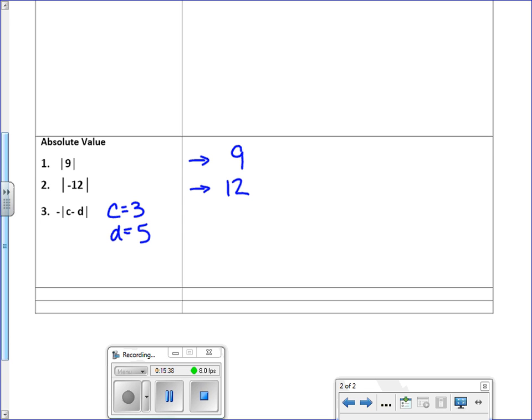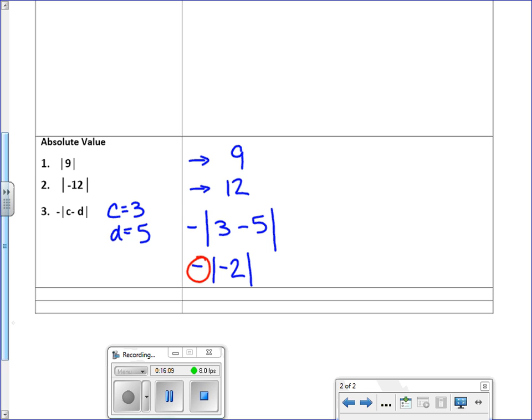So I would say the negative absolute value of 3 minus 5. Again, absolute value bars are just like grouping symbols. So I have to do the math in here before I can determine the distance the value is from 0. 3 minus 5 is negative 2. So we know that the distance negative 2 is from 0 is 2, but I still have this negative symbol right here.